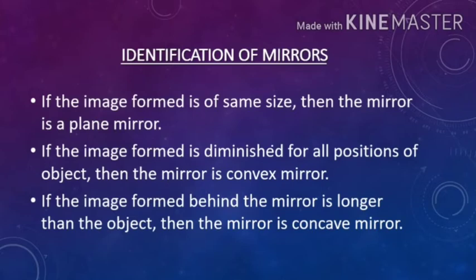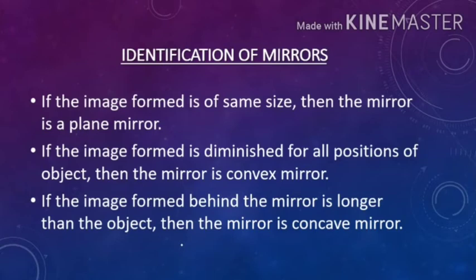If the image formed is diminished for all positions of the object, then the mirror is a convex mirror. And if the image formed behind the mirror is larger than the object, then the mirror is a concave mirror.